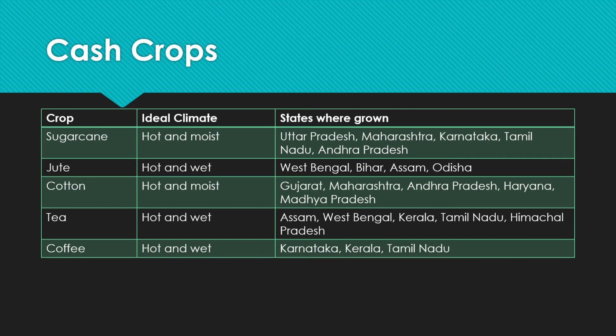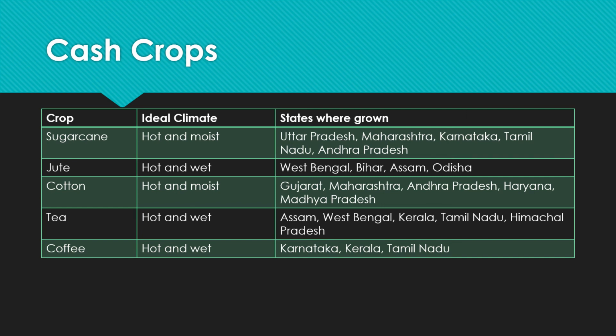Jute. Hot and wet climate is required for jute. The states are West Bengal, Bihar, Assam and Odisha. Cotton. Ideal climate for it is hot and moist. The states are Gujarat, Maharashtra, Andhra Pradesh, Haryana and Madhya Pradesh.